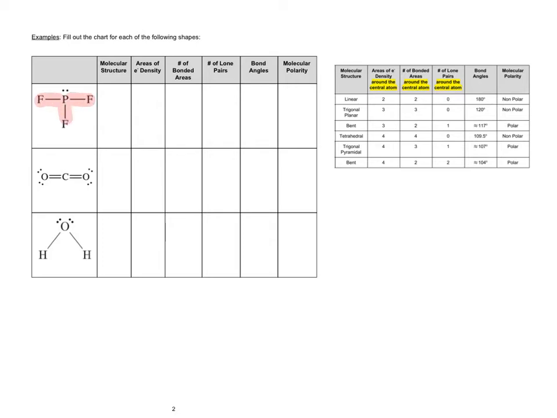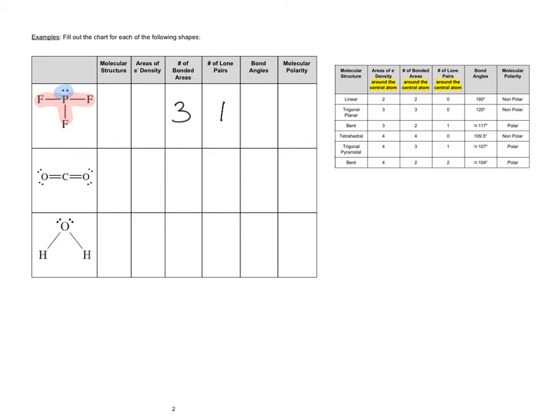So under number of bonded areas, I'm going to put 3. And the number of lone pairs is the number of random pairs just chilling on the center atom only. So we've got 1 right there. That is a lone pair. I know that's 2 electrons, but 2 electrons makes 1 pair. So we put 1 number of lone pairs right there.